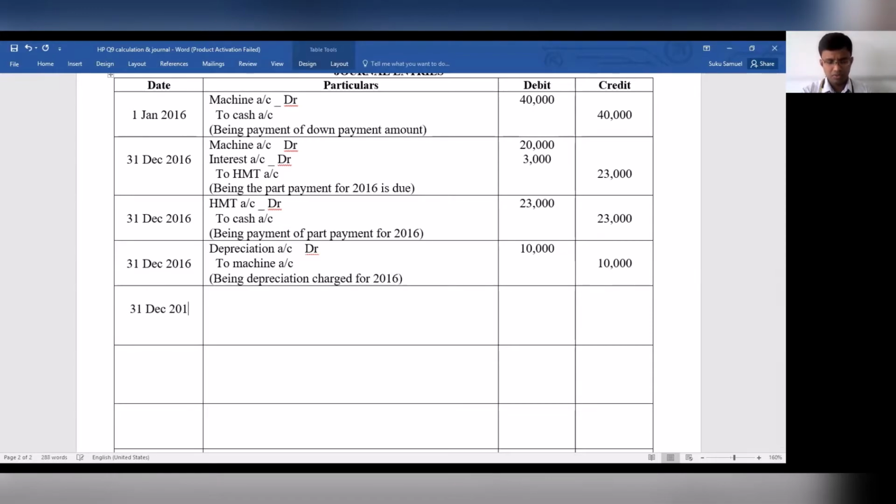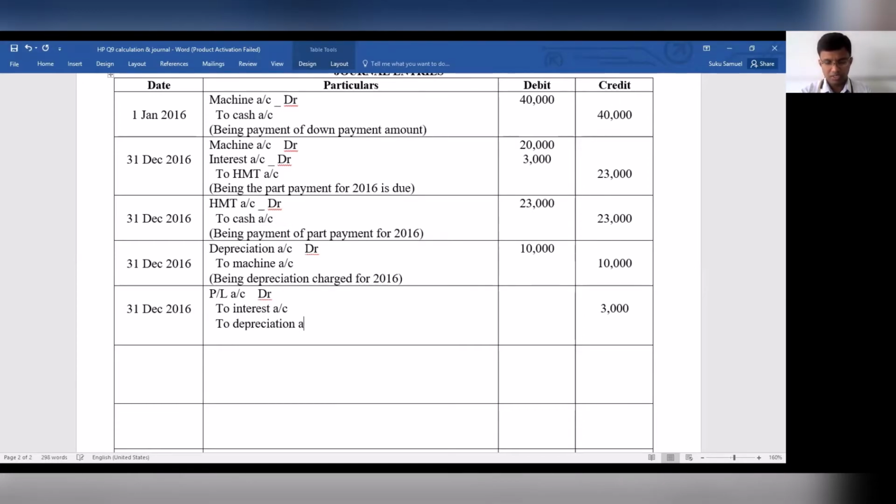31st December 2016, profit and loss account debited. Now, what are the expenses we have to transfer? We have to transfer interest account, interest 3,000, and depreciation.